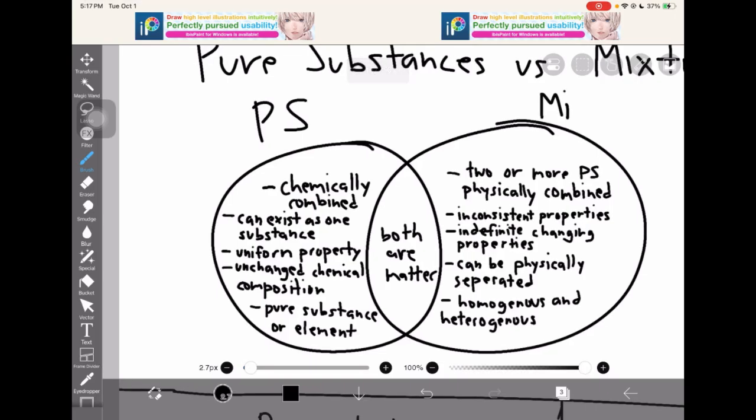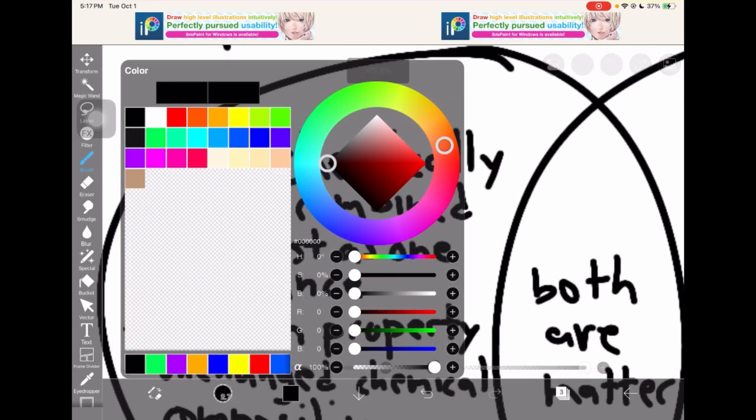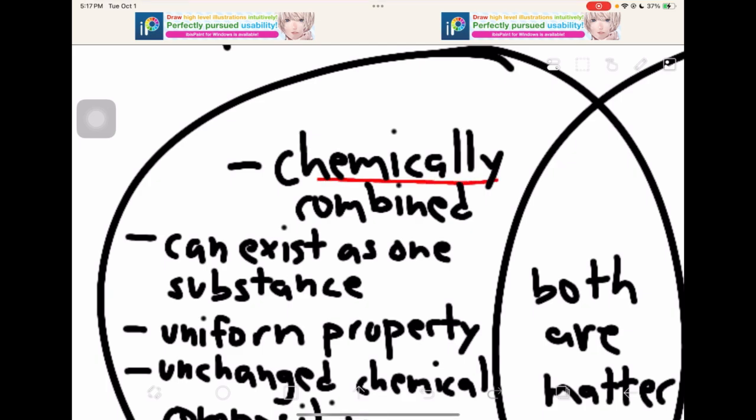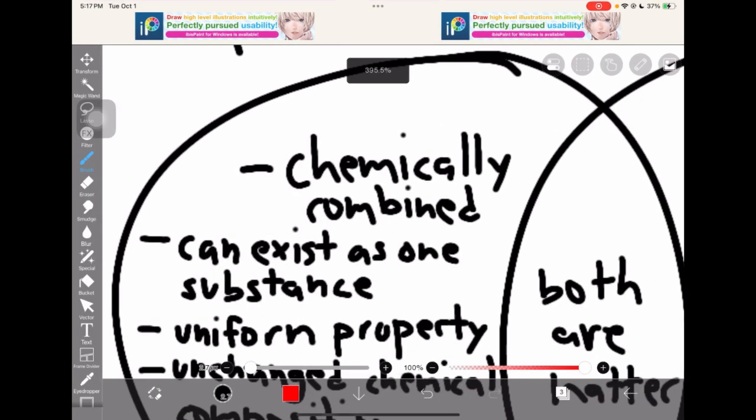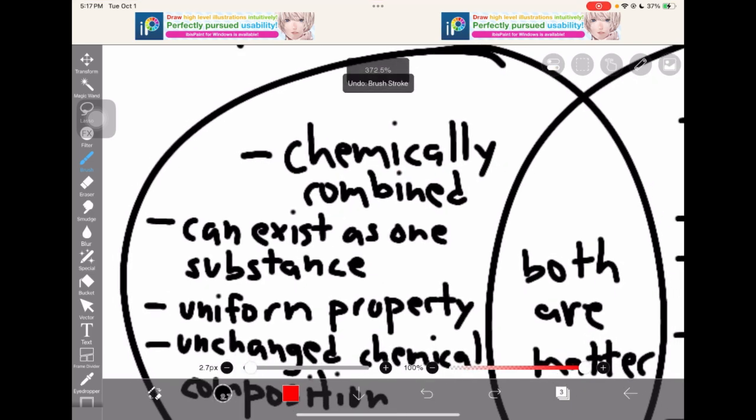These are chemically combined substances, obviously. Sorry about that, but yeah, these are chemically combined, which means they're not physically combined like how you mix water and salt.